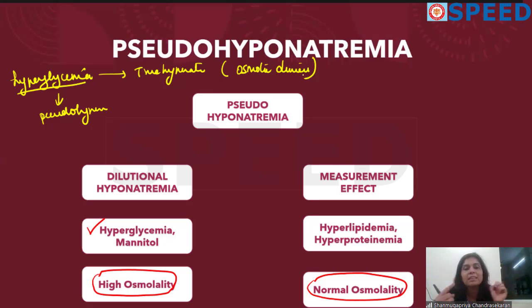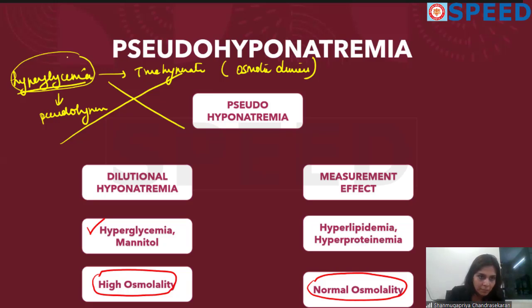You should also think that there is a possibility of true hyponatremia. So to differentiate pseudo-hyponatremia and true hyponatremia in hyperglycemia, you should always find out the corrected sodium. What is the sodium when the dilution factor is removed? That is corrected sodium.